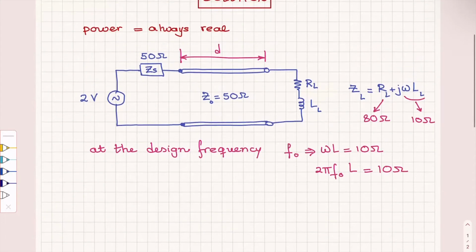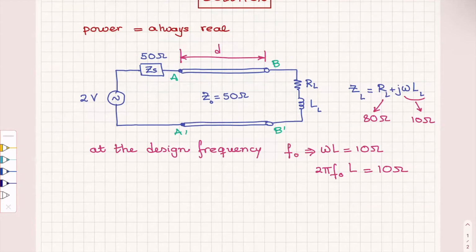Now, if I have this circuit the way I have it here, let me put the ports here, A, A prime, B, and B prime.